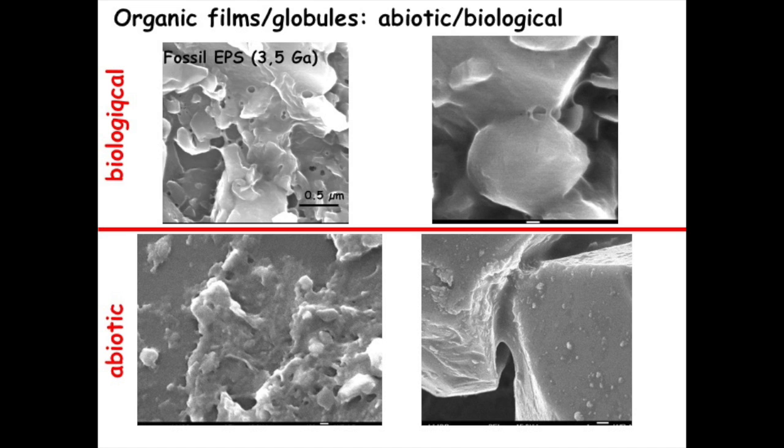You can see a sort of globular kind of texture to the polymer, and you'll see this in more detail in later images as well. A globular texture here, and a sort of filmy texture between the quartz grains here. And this is from rocks that contain traces of fossilized microorganisms. This is actually from Australia, almost 3.5 billion years old.